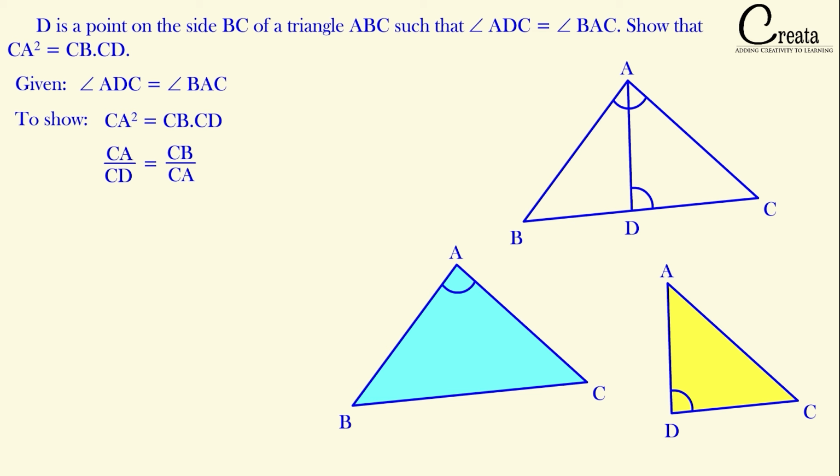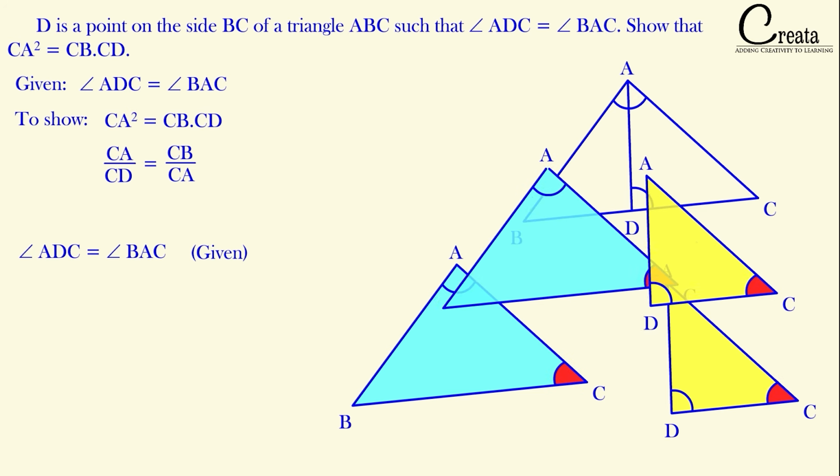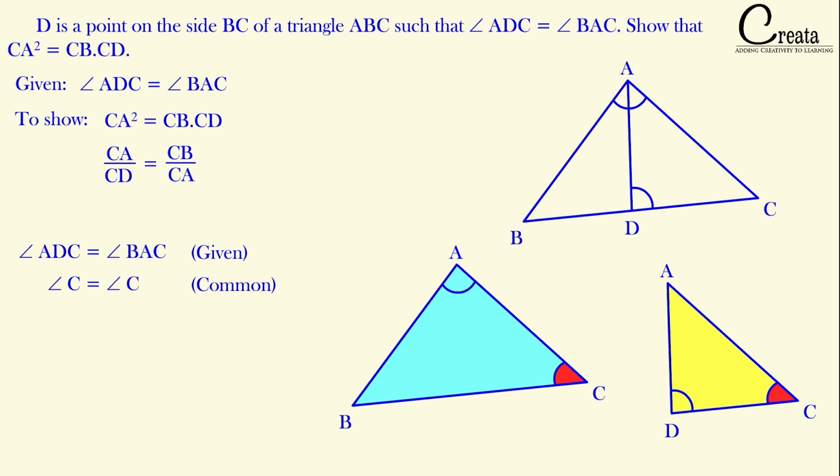Once we are able to prove these two triangles as similar, we can say the ratio of the corresponding sides are equal and we can prove our end result. So let's proceed. Here angle A and angle D in both the triangles are given as equal to each other. So we got one set of angles as equal. And further, angle C is common in both the triangles, so angle C is equal to angle C. In the two triangles, we got two angles as equal to each other.